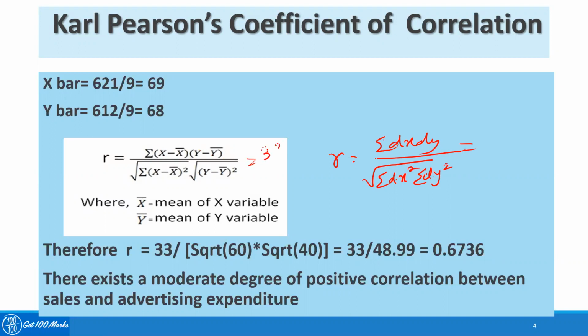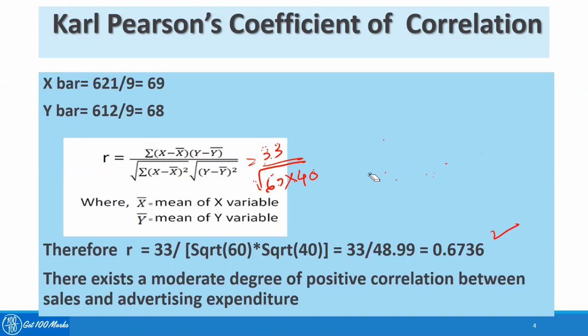So it is 33 divided by square root of 60 into square root of 40. We calculate and get 33 divided by 48.99, and we get the value as 0.6736.